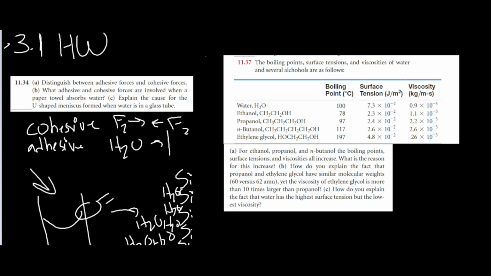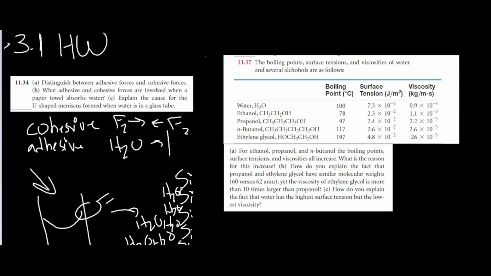Part C. How do you explain the fact that water has the highest surface tension but the lowest viscosity? So I was mistaken. Viscosity is more tied to the size of a molecule. It is connected to the IMF forces, but it is more connected specifically to the molecular weight. So since water has the smallest molecular weight, it's going to have the lowest viscosity.